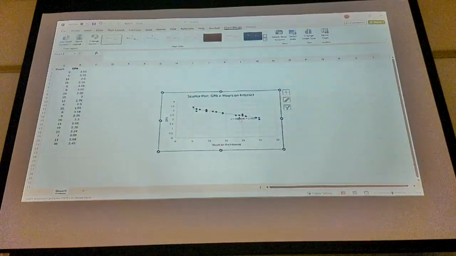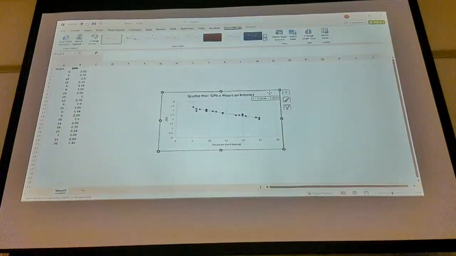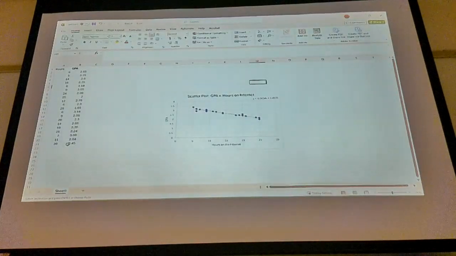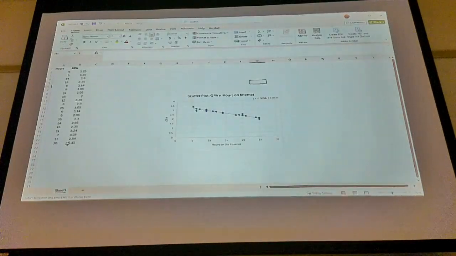Now if I click that equation, I can move it to somewhere that's legible. It's not necessary to have the equation on there, especially not for this problem, because it's just asking for the trend line. You don't need the equation.